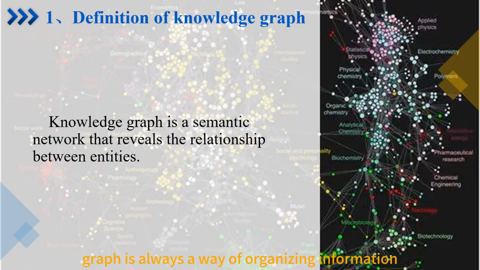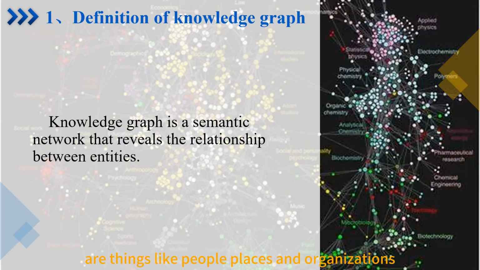A knowledge graph is a way of organizing information using a network of connected nodes. It's like a big web of knowledge that computers can use to understand and make connections between different pieces of information. A knowledge graph has 3 main parts: entities, attributes, and relationships.